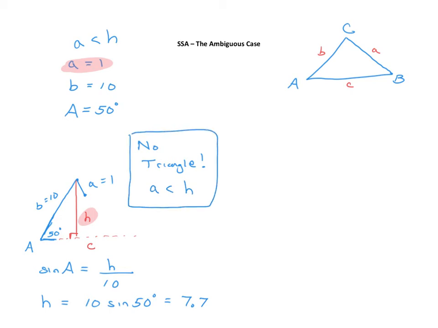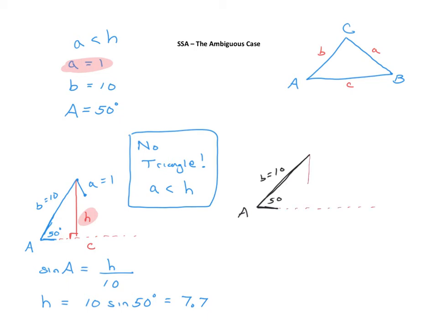Now, why is it possible that you could get two triangles? So let's draw this picture again. You got your 50-degree angle, and the length of this side is 10. And the only other thing that you know is the length of side A. How is it that you could actually end up with two triangles?